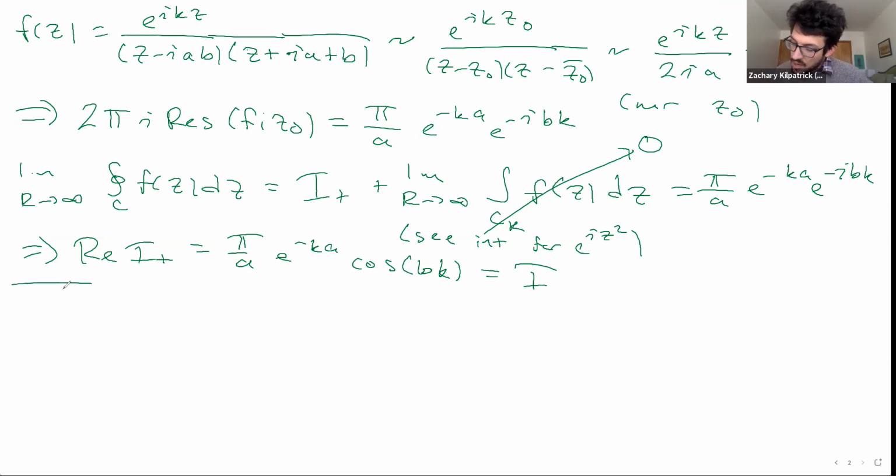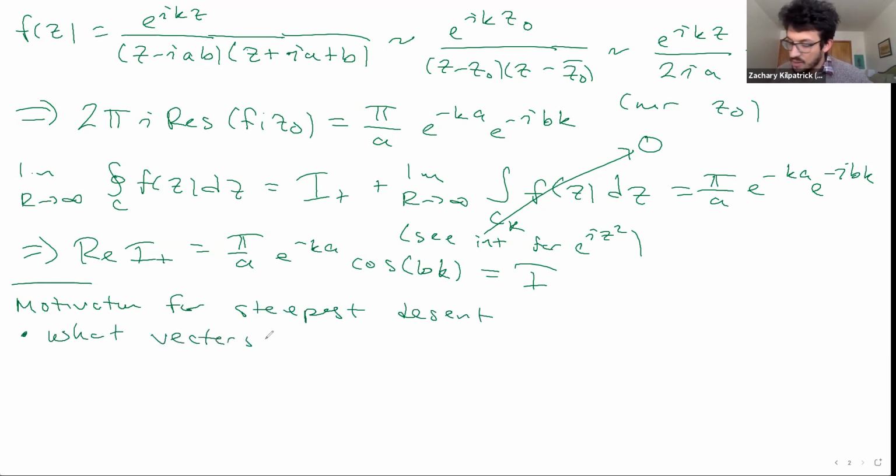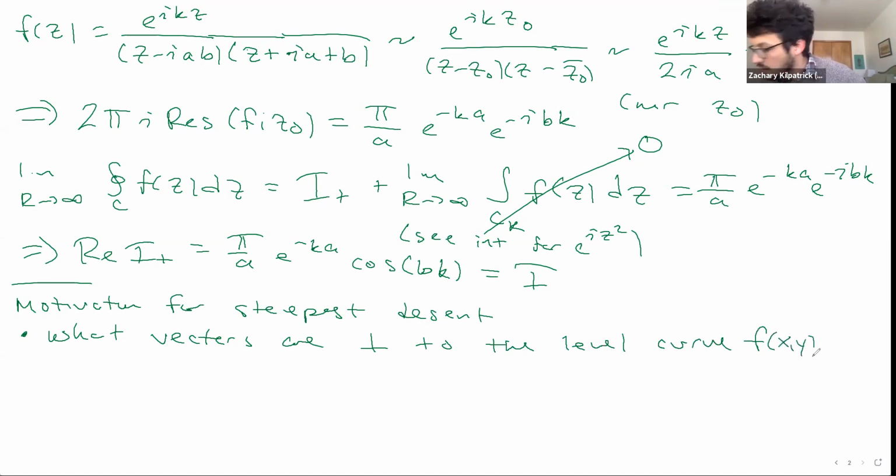So let's talk a little bit more about how to motivate our steepest descent approach. Okay. So in general, we're going to ask what vectors are orthogonal to the level curve of our integrand f of x, y equals f of x0, y0.